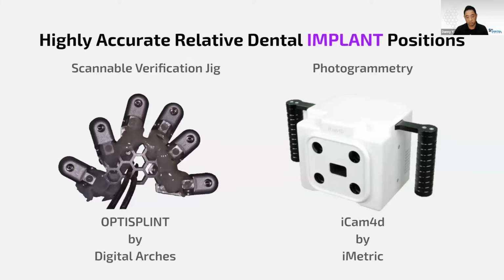These two technologies are really the only two when it comes to highly accurate dental implant positions where they are actually removing those human factors out of it. Most other ways of doing this, including Nexus iOS, still have some human factor. There is still somebody scanning with an intraoral scanner.